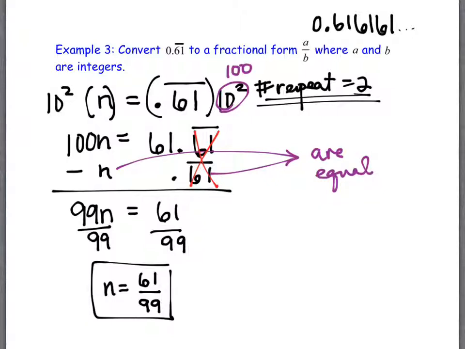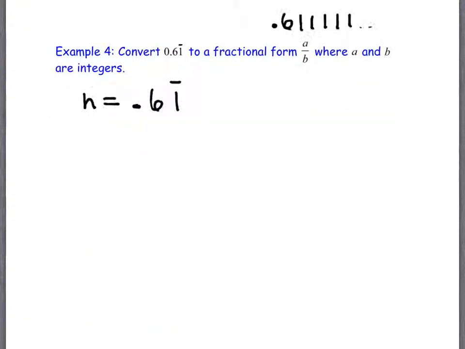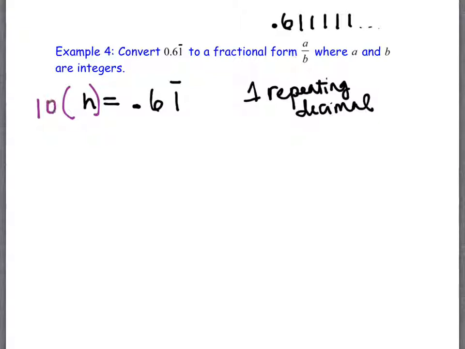The repeating numbers, not how many decimals I have, right? How many of the decimals repeat? 1. In this problem, I have 1 repeat. So 1 repeating decimal value. Which means instead of multiplying by 100, like I did in the last one, all I'm going to multiply by is 10.